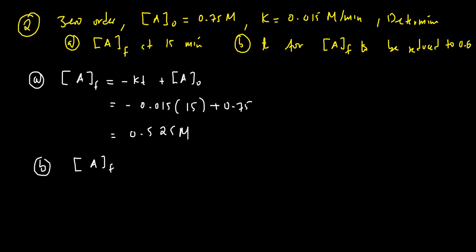And then for B, we'll still use the same equation. Final concentration is equal to negative kt plus initial concentration. But this one, we want to find the time for the concentration to be reduced to 0.6. Please understand English. If they said reduced by 0.6, it is different from when they say reduced to 0.6.